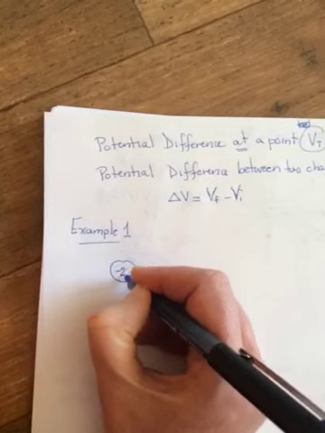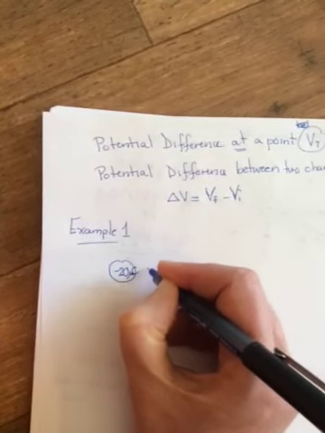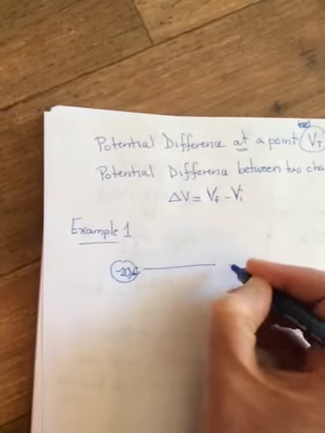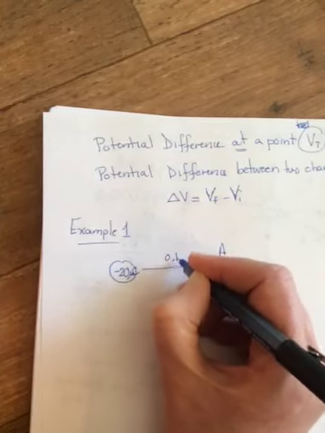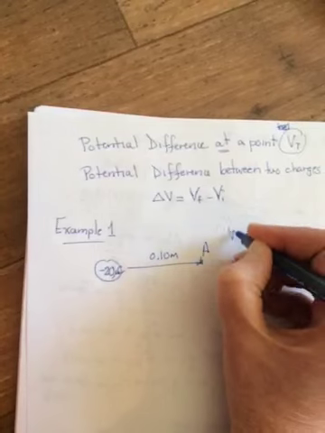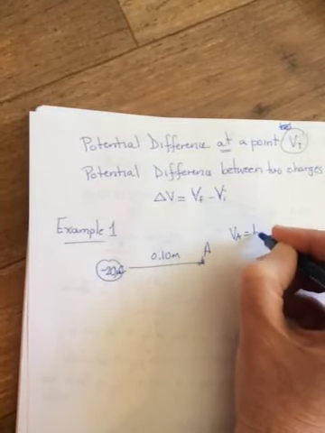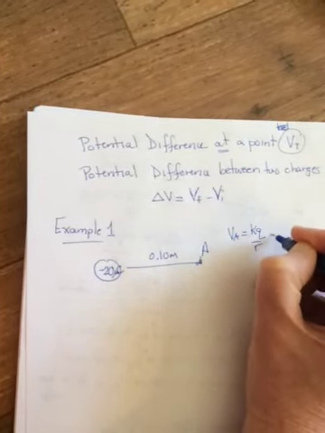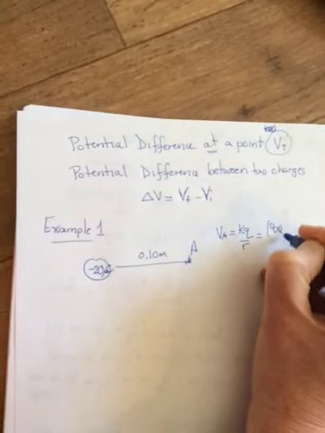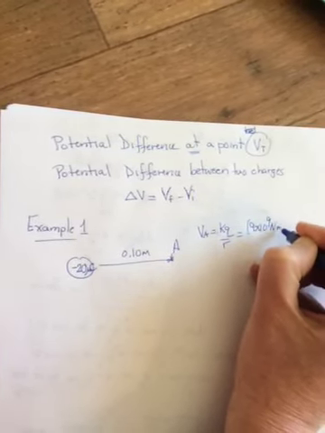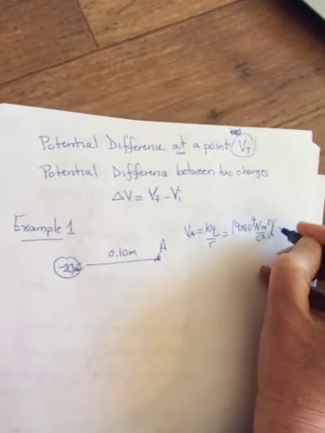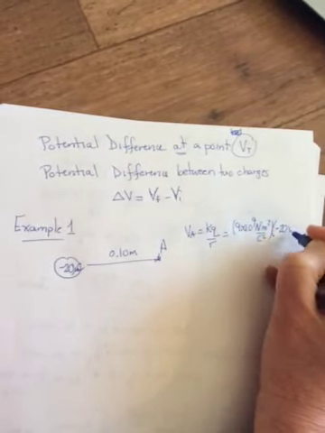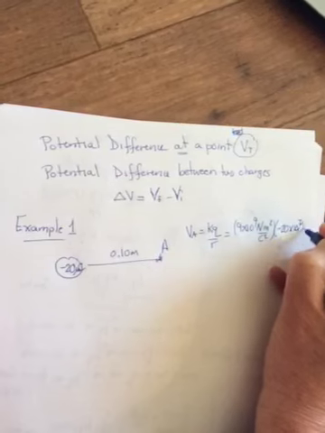So here's my negative 20 microcoulombs, and 10 centimeters away at point A, we want to find the voltage. And so we're just going to do VA is equal to kQ over r. So 9 times 10 to the 9th newton meters squared per coulomb squared times the negative 20 times 10 to the negative 6.